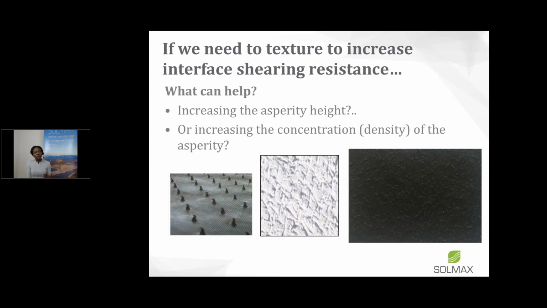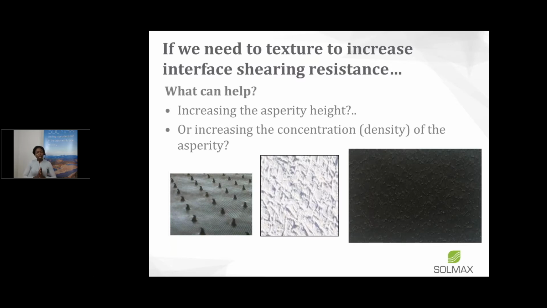So moving on now, if we find ourselves in a situation where we need to texture the geomembrane surface to increase the interface shear resistance, so again, our designs didn't go as we planned, or our slopes were designed to be something and then they ended up being steeper than they should be, and we really need a higher frictional resistance along the geomembrane surface, what can we do?